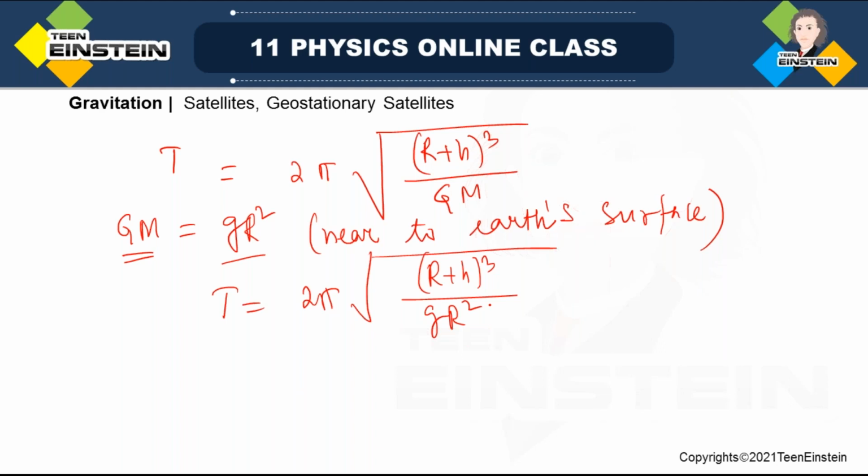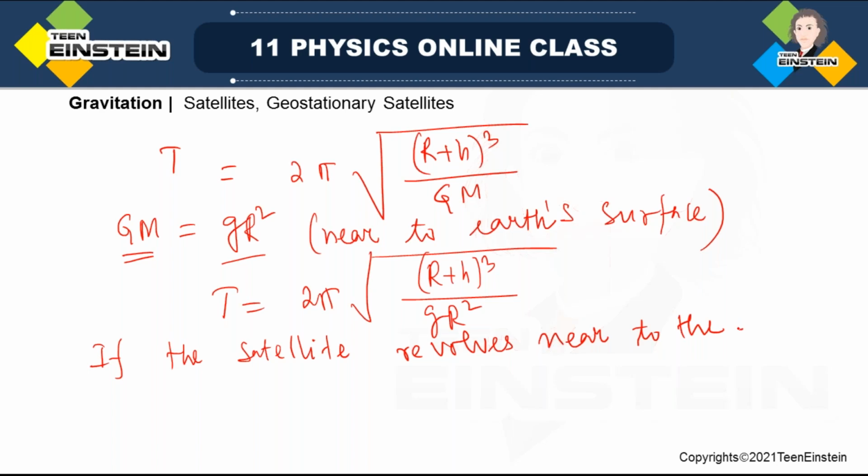Now if the satellite revolves near to the earth surface, then h can be written as 0.